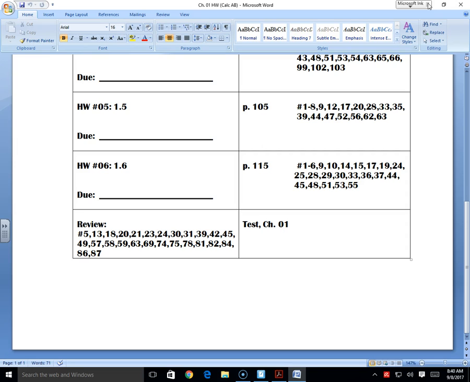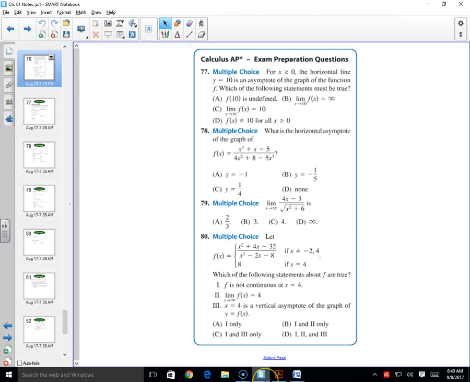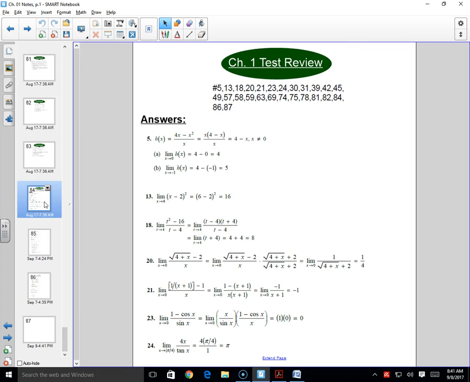Now, for those of you who were ready to grade 1.6, or who are going to catch up and start reviewing, work on your test review this weekend. In class, we're not doing these problems. I'll go over questions. You guys saw the answer key, right? I have the answer key at the end of the notes. I have the answers to the review. Some of them are odds, some of them are evens.